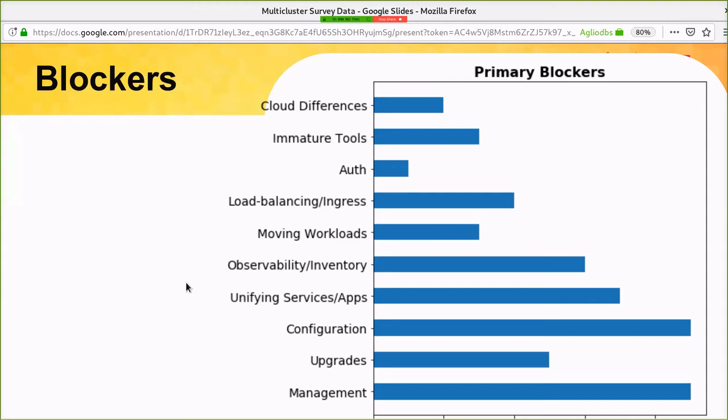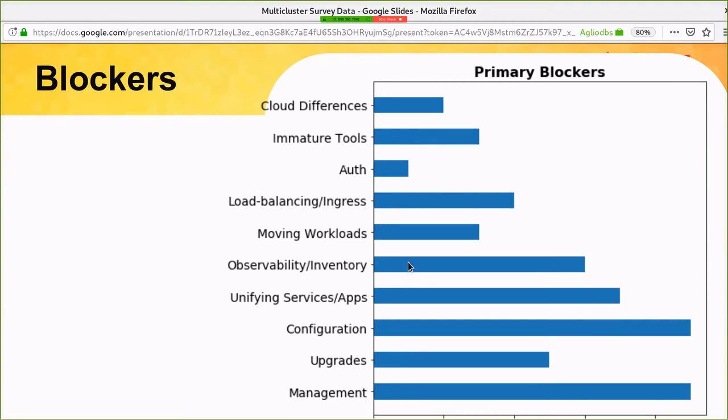Upgrades were mentioned as a frequent problem, saying, hey, doing a rolling upgrade across many clusters takes pretty much forever. And then the other one, load balancing across the clusters, which people didn't feel was good enough.